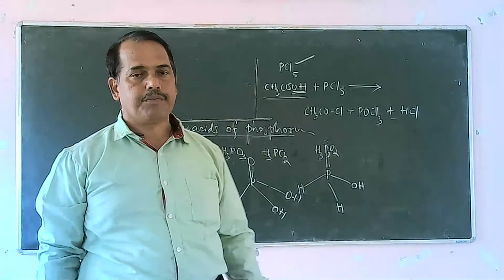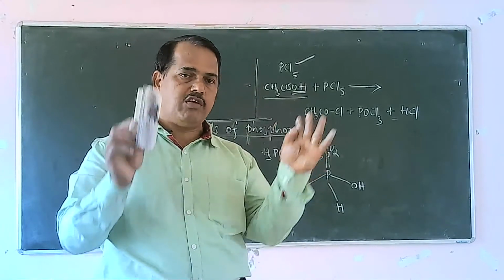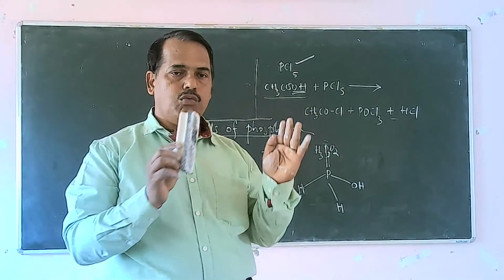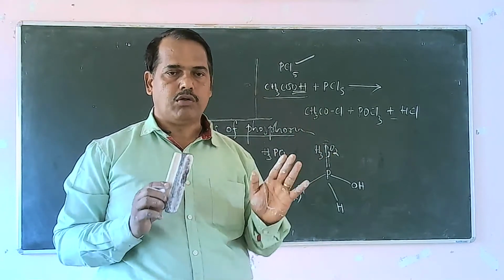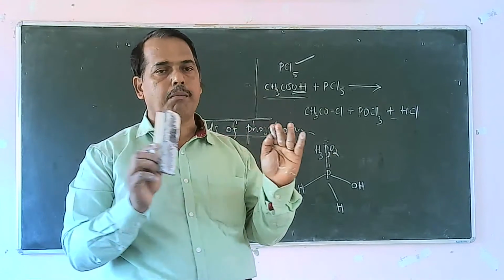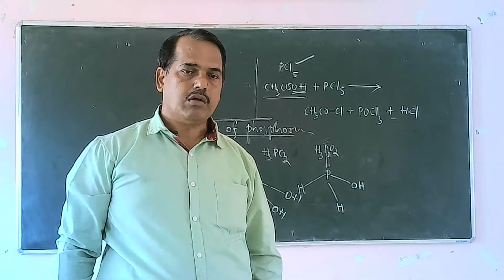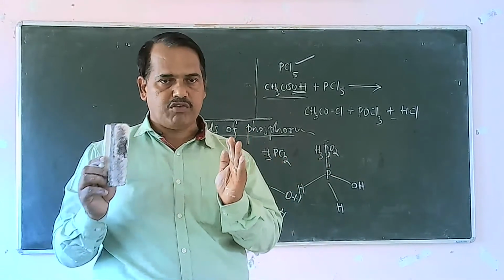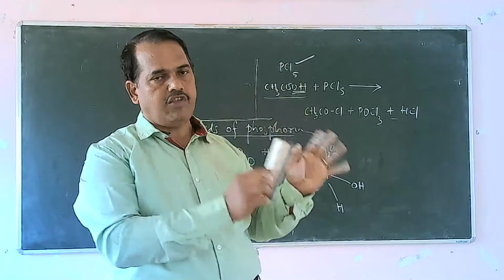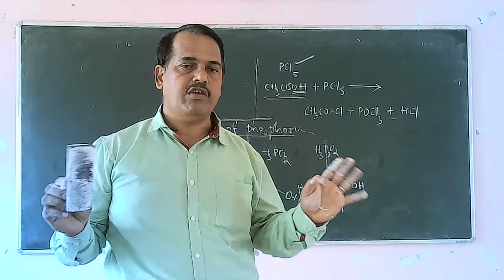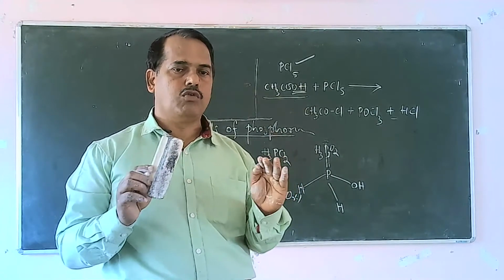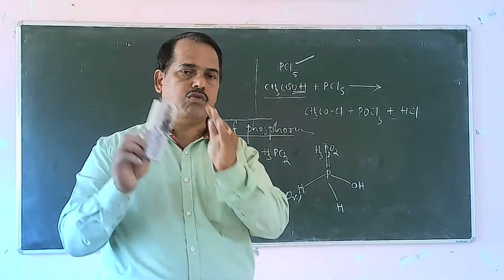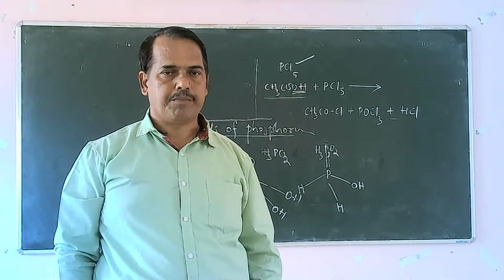So, what is the chemistry behind this? Any oxoacid of phosphorus must contain one P=O double bond, and P-OH is compulsory. Again, with the difference in oxidation state, they may contain even a phosphorus to phosphorus single bond or a phosphorus to H single bond. But any oxoacid must contain two common bonds: one is the phosphorus to oxygen double bond, another is the phosphorus to OH single bond. That we have to remember.